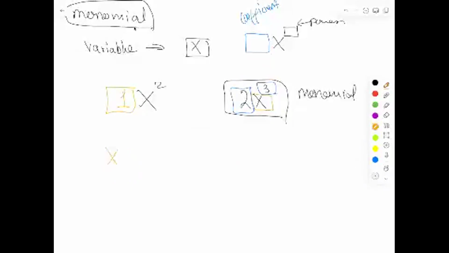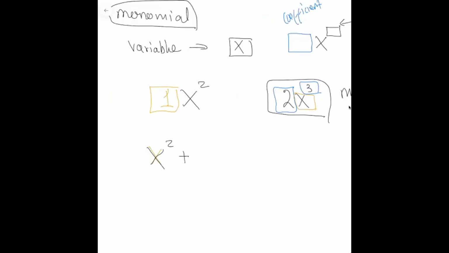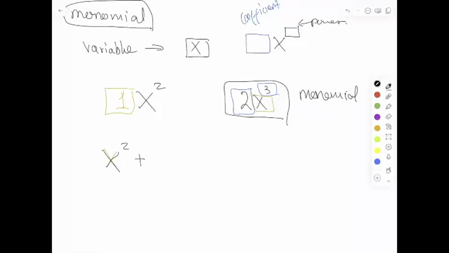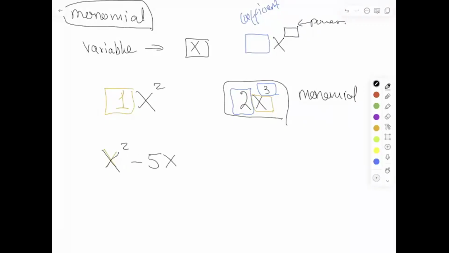Now, if I have x squared minus 5x, is this considered a monomial?